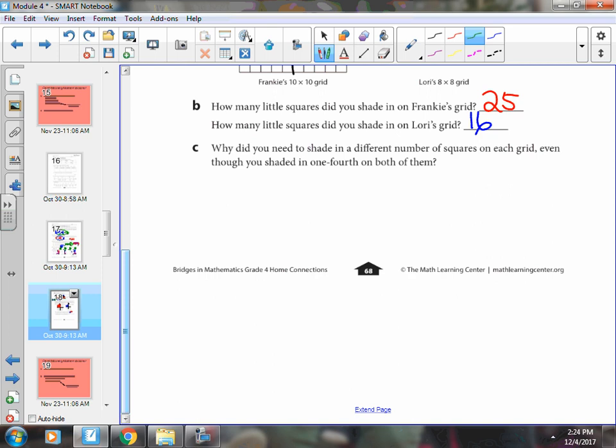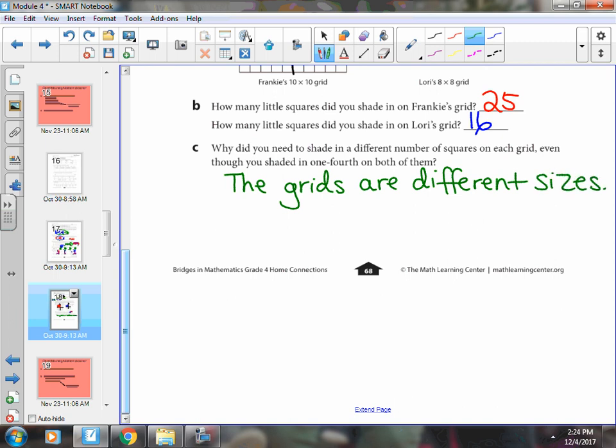So the reason that one answer was 25 and one answer was 16 is because the grids are different sizes. Okay, and you could, if you wanted to, Frankie's grid had 100 squares, so I could say that 1/4 of 100 was 25, right?